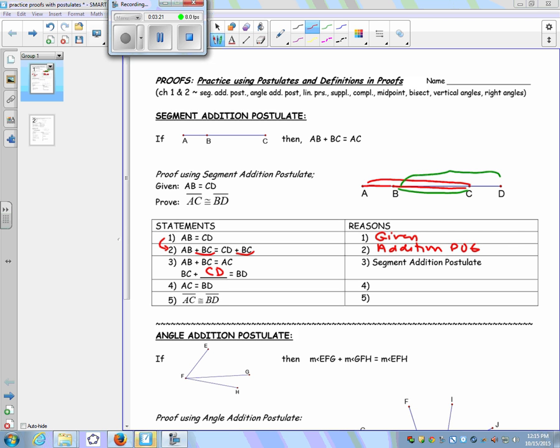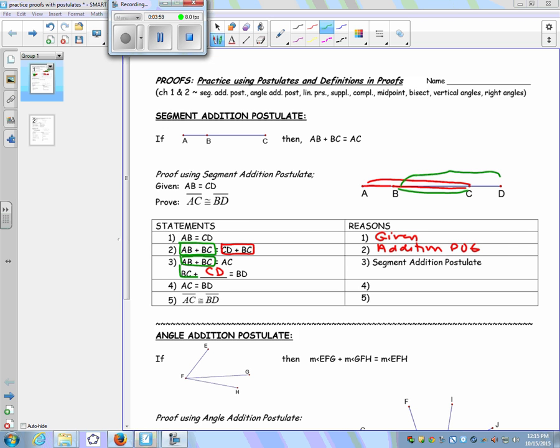Now, what's happening here? AC equals BD. It's a tough one. AC equals BD. That equation, AB plus BC equals CD plus BC, right? Now we have AB plus BC here. It's the same, right? That green box.